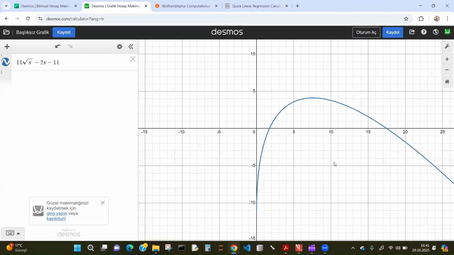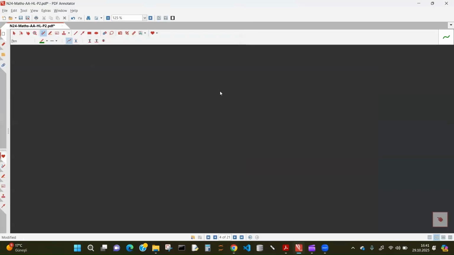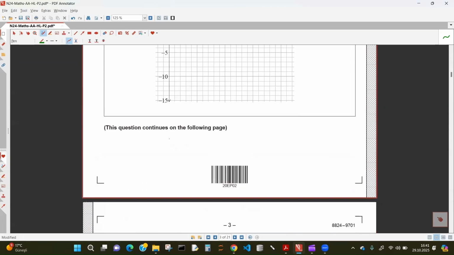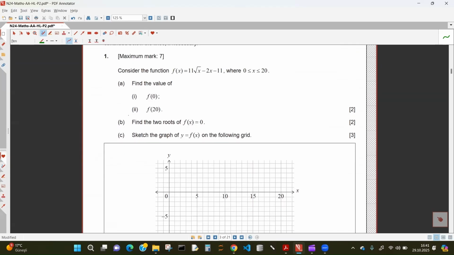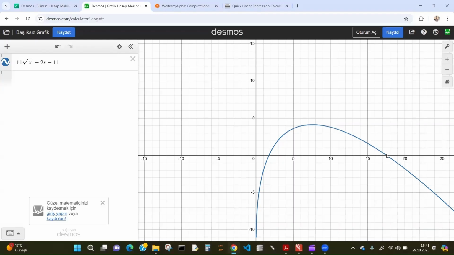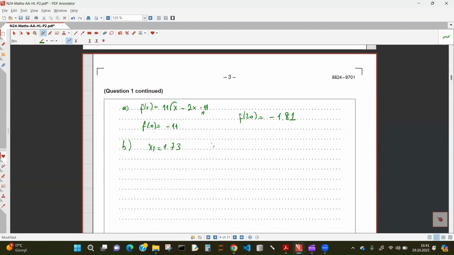So the first root is 1.73, and the other root is 17.52.